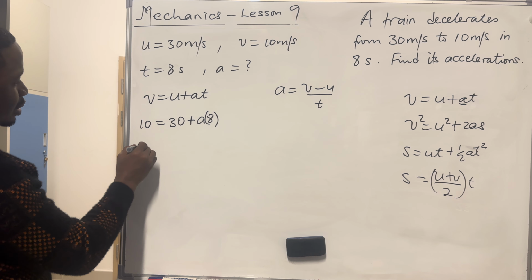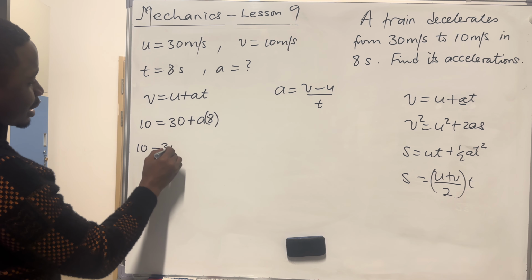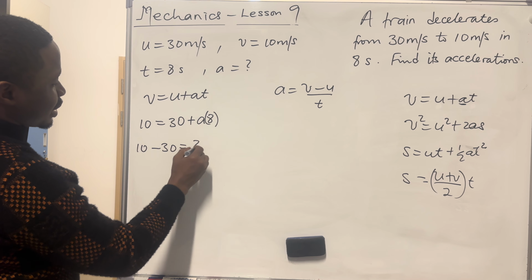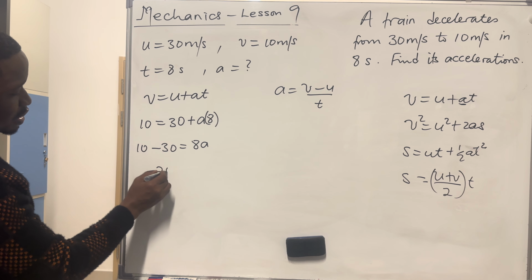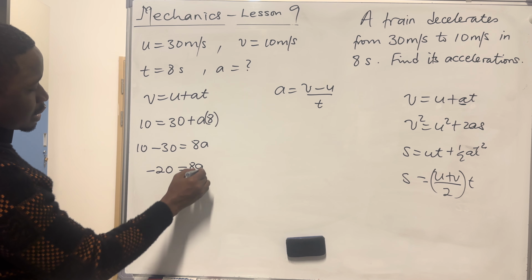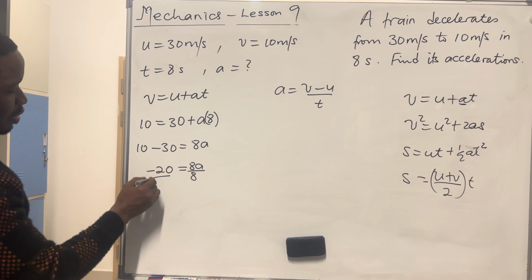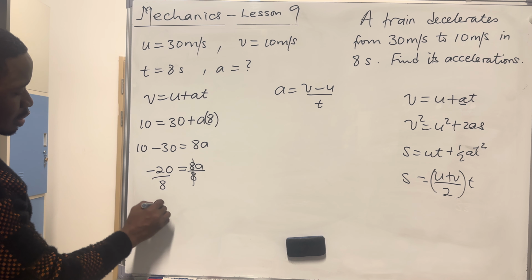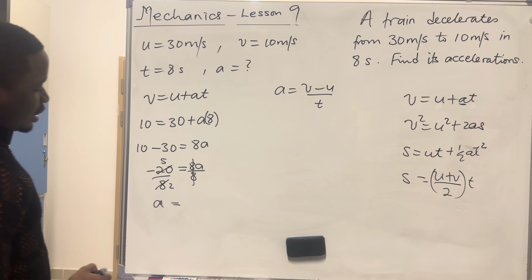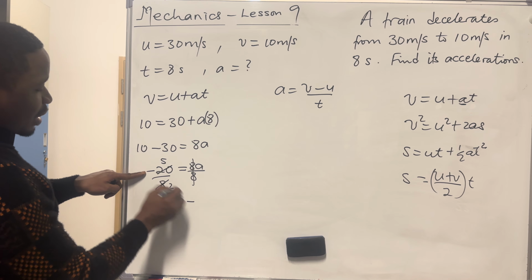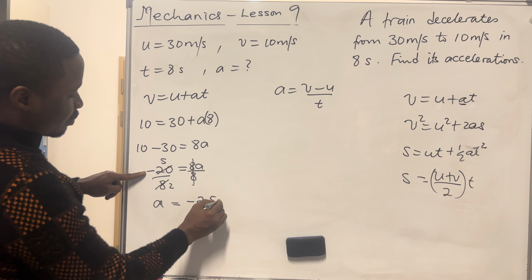So 10, we move this one here, minus 30, and here remains 8a. 10 minus 30 is minus 20, equals 8a. We divide by 8 on both sides. 4 twos are 8, 4 fives are 20. So negative 2 into 5 is 2.5.